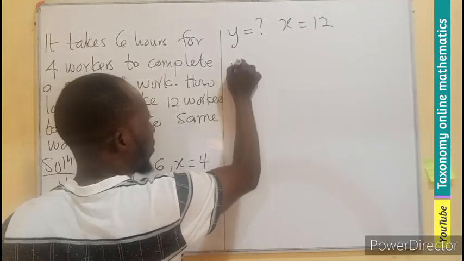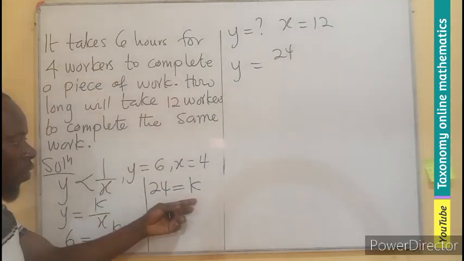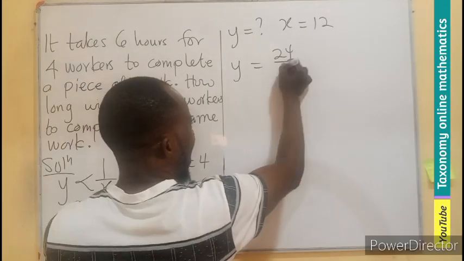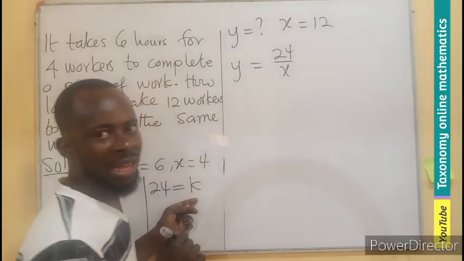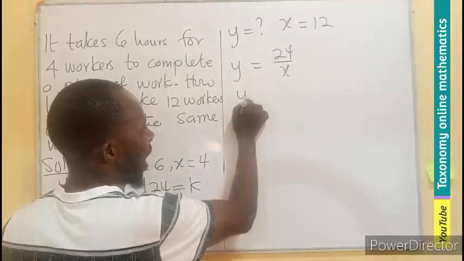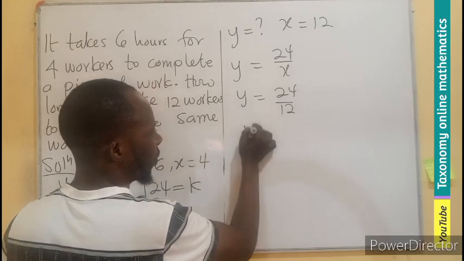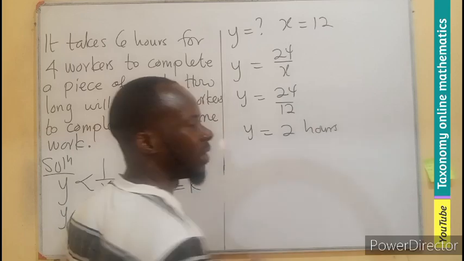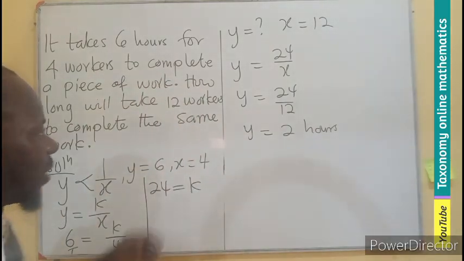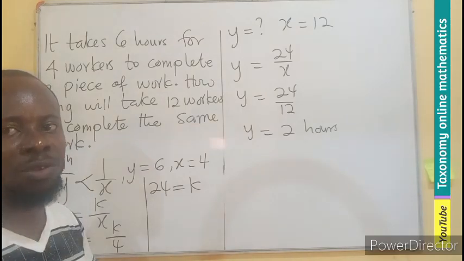So y equals 24, the constant of proportionality, divided by x, where we put x as 12. So y equals 24 divided by 12, and that gives us 2 hours. It means that the 12 workers will require 2 hours to finish the same piece of work.